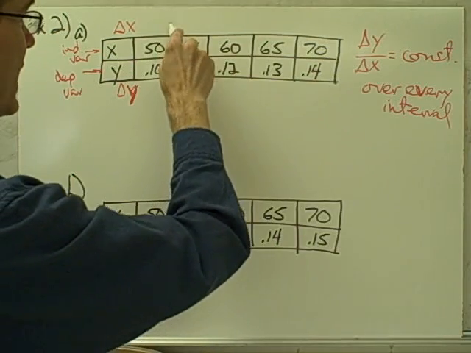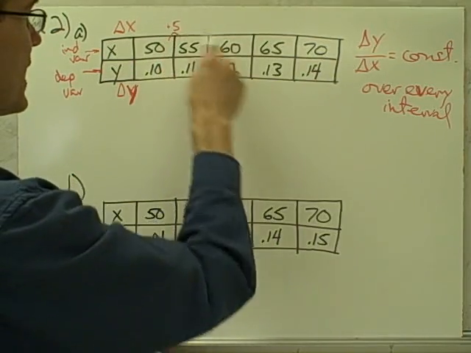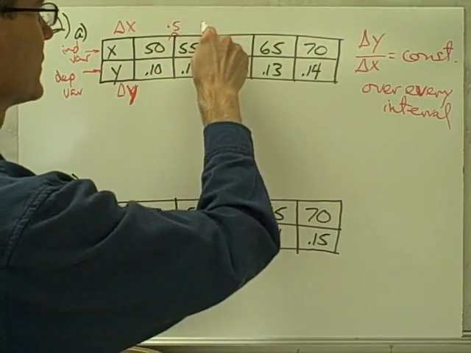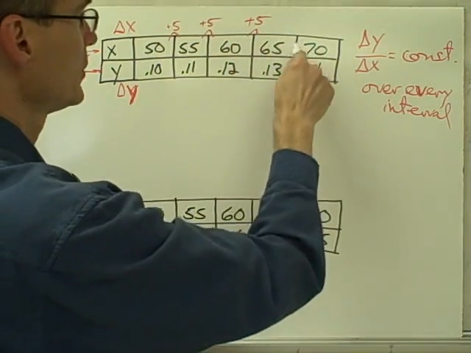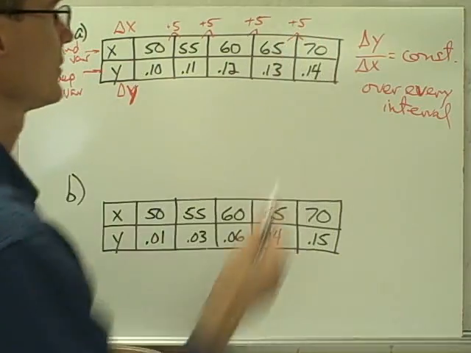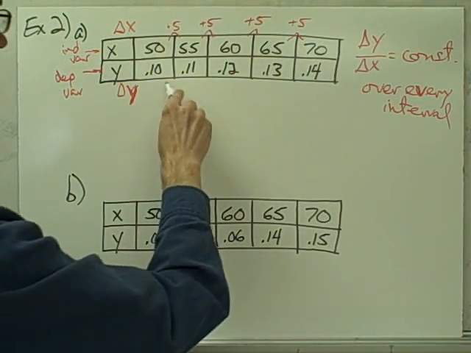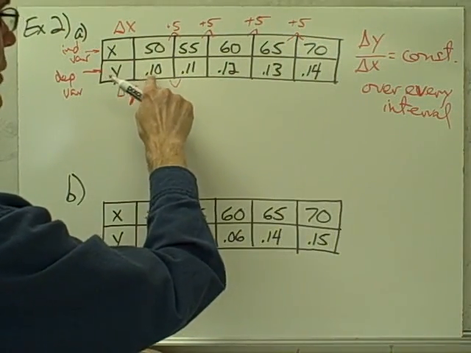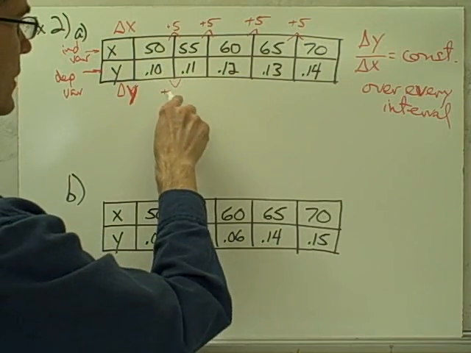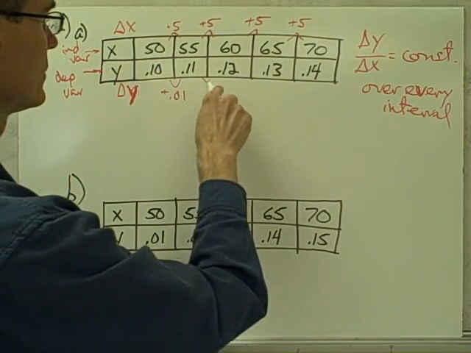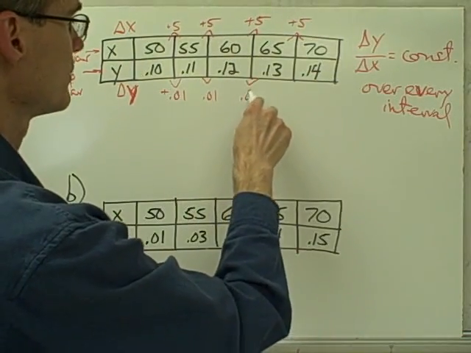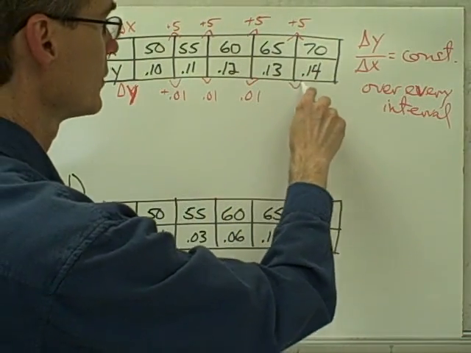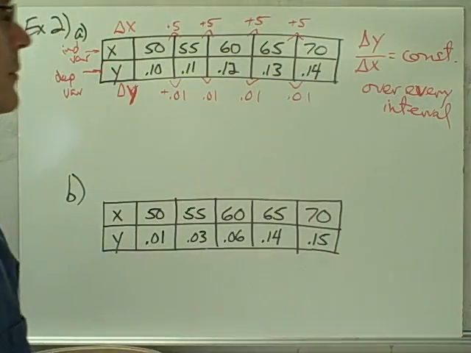So from 50 to 55, that's going to be plus 5. 55 to 60, that delta x is also plus 5. 60 to 65, plus 5, and this is plus 5. My delta y's, I want the change from 0.10 to 0.11. That's 0.01, and this is 0.01, and this is 0.01, and 0.13 to 0.14, that's also 0.01.